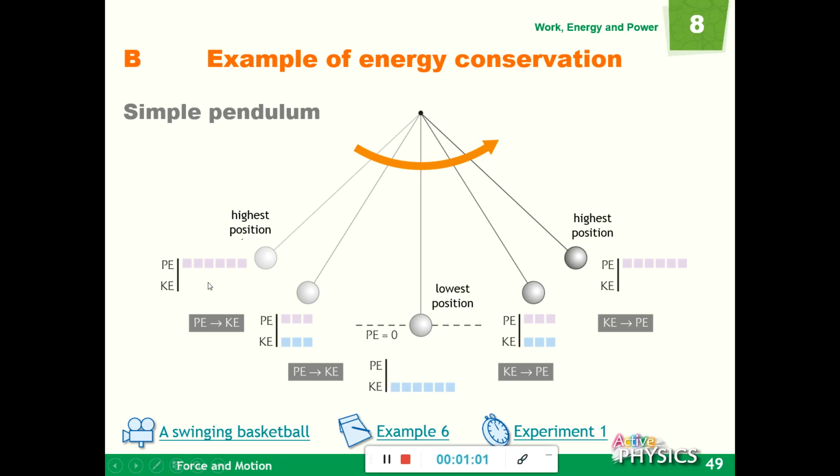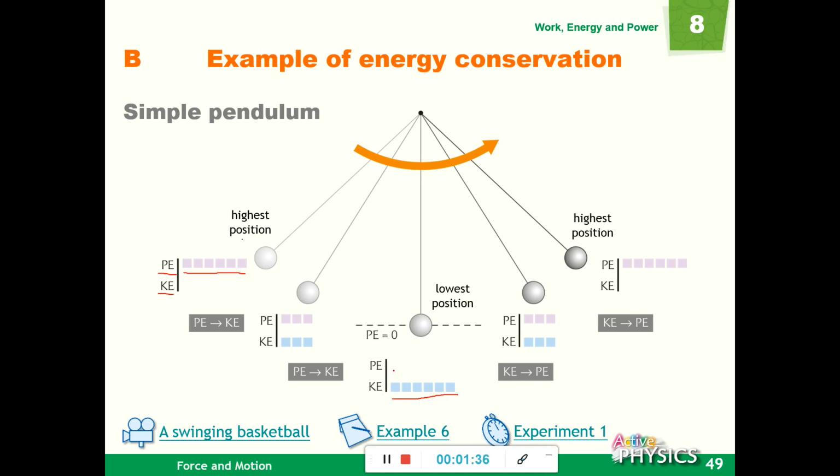But when you add them together, it means that the total energy, ME, total mechanical energy, they will be the same. For example, when you add PE and KE together to find out the total energy, inside this example will be 6 units. At the lowest position, everything will be converted into KE, 6 units.